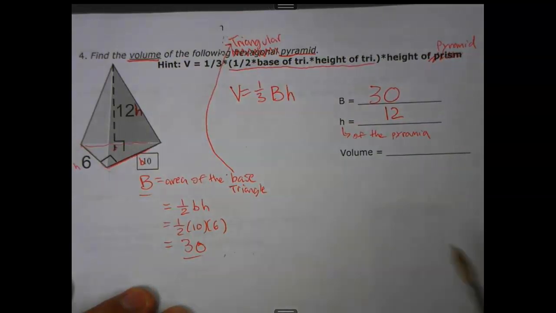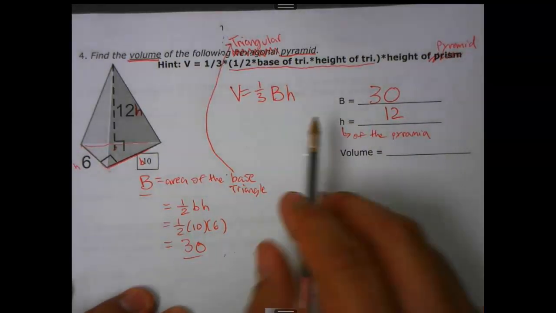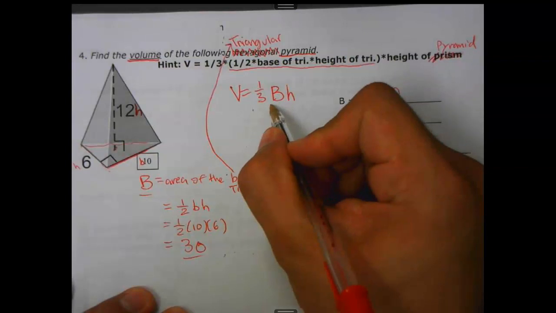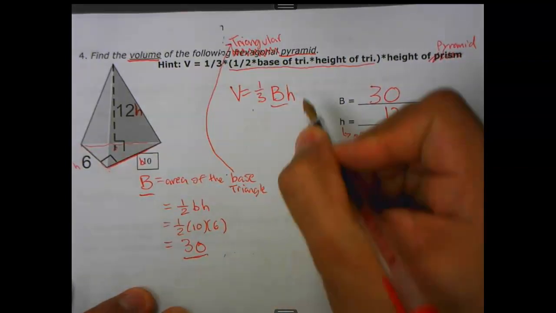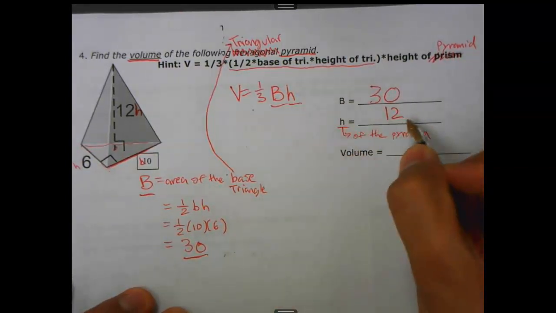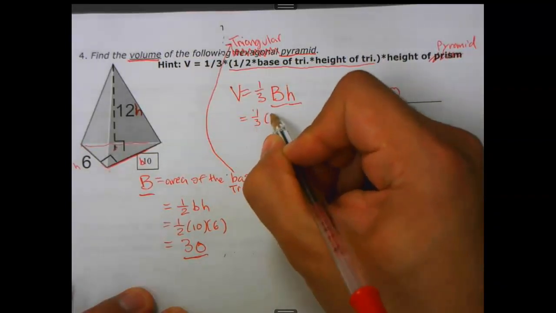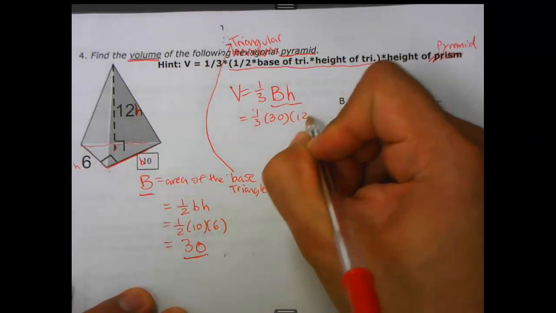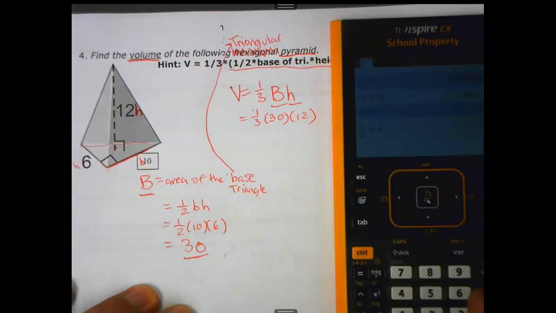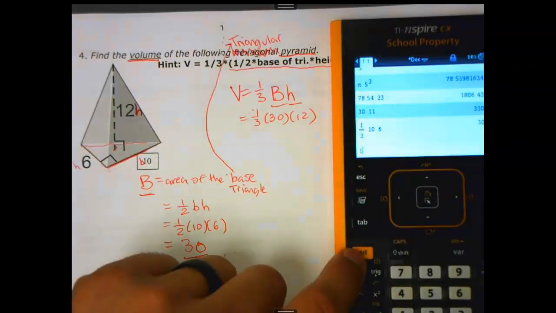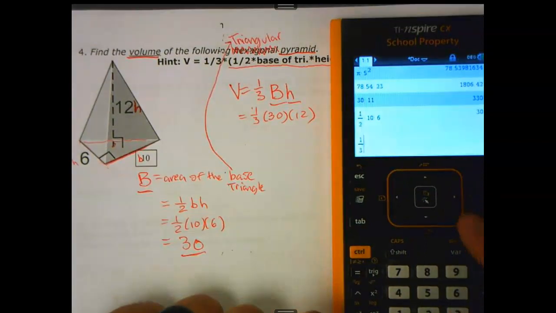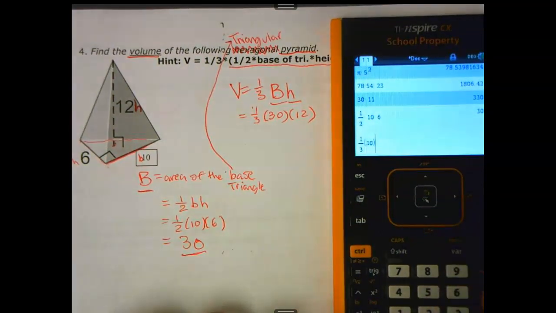Cool. Now, for volume, all you need to do is do 1/3 big B, H. So big B, we know is 30. H, we know is 12. So it's 1/3 times 30 times 12. So let's do that. 1, control divide 3, go to the right, 30, 12.